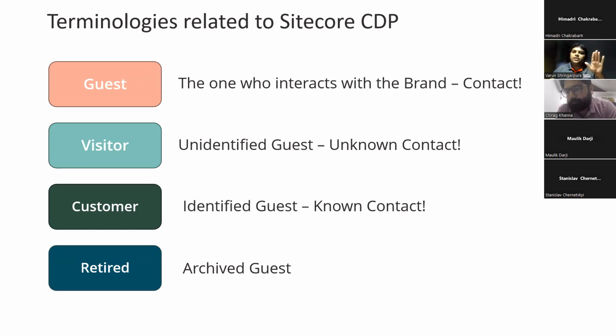Now, when I log in with the same credentials on my mobile phone, technically what happens here is both these contacts are merged internally by CDP, and this second visitor contact of mobile becomes retired. All right. So that is archived, and all the data moves into the main customer, which can then be taken forward because now this particular user is identified.